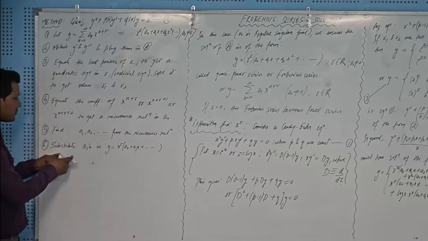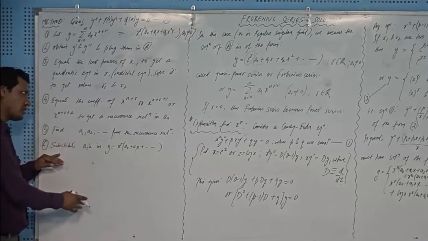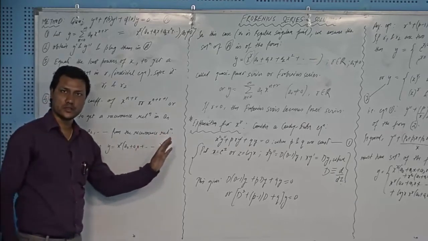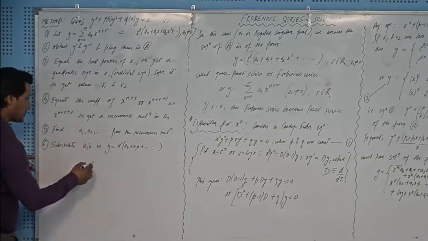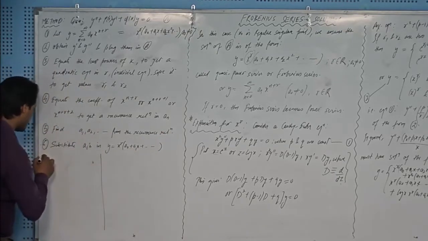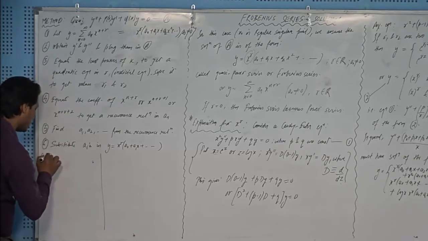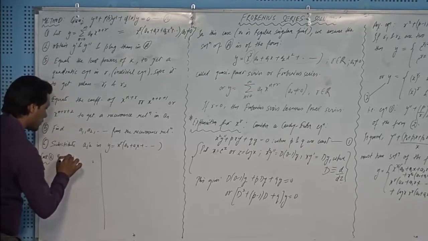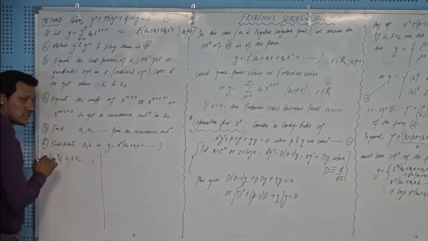So after this we have two cases actually. Case 1 when r1 and r2 are distinct roots, and case 2 when r1 and r2 are repeated roots. So I will write those cases here, put a partition here rather. So case A, after this 6th step, case A for 6th step, that is if r1 is not equal to r2, first thing is that, right?